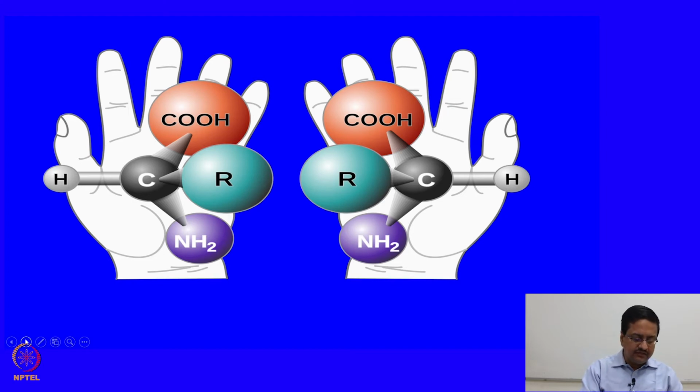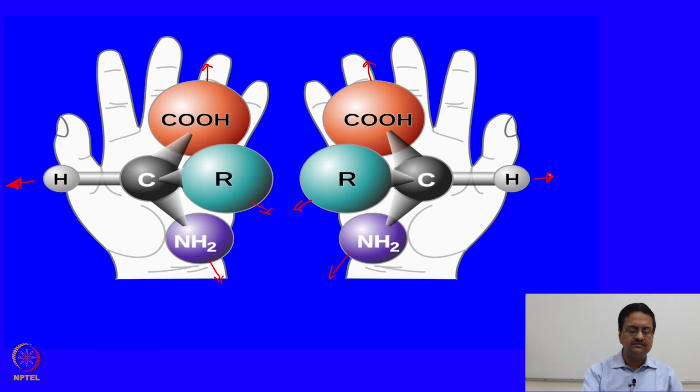So here in this particular example, you can easily identify that the carboxylic acid group is up in both cases, the NH2 group is down in both cases, and the R group is pointing towards us in both cases, but the hydrogen here is pointing towards the left, and here the hydrogen is pointing towards the right.